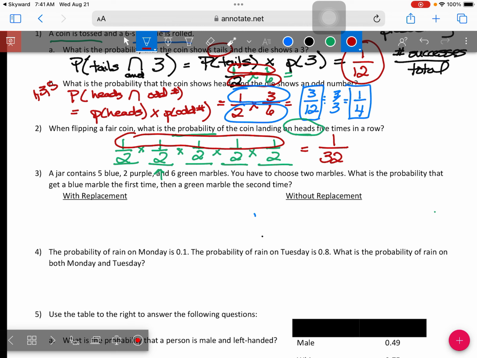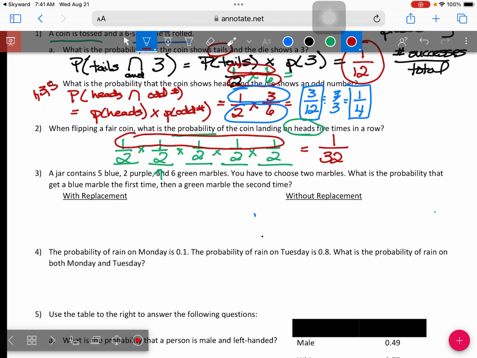Now, with replacement, we're going to take whatever marble we get, we put it back in the jar. So how many marbles do I have now for my second draw? How many marbles total do I have? With replacement, I still have 13, right? Because I put that marble back in the jar. And how many blue?